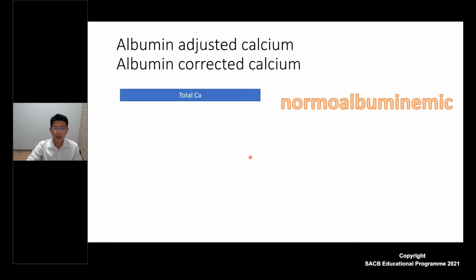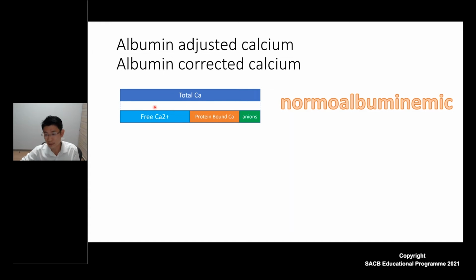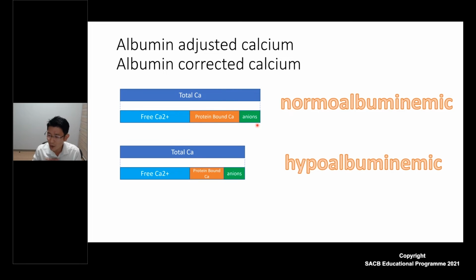So what is this whole concept of albumin adjusted calcium? Let's say you have a total calcium in a patient with normal albumin: about 50% is ionized calcium, 40% is protein bound calcium, and 10% is complexed with anions. In a hypoalbuminemic patient, you will find that there is a little bit of a difference. Where does the difference come from?